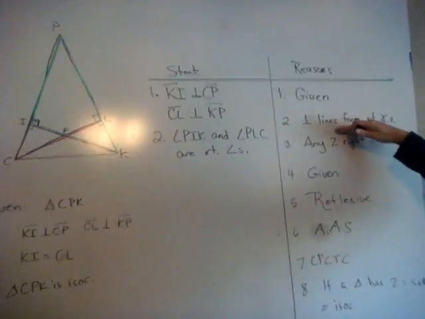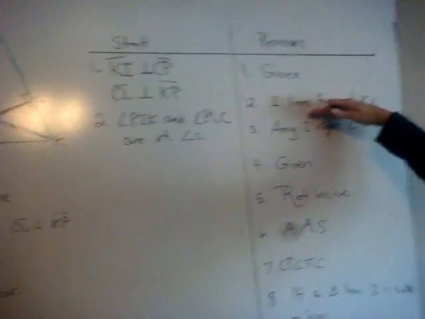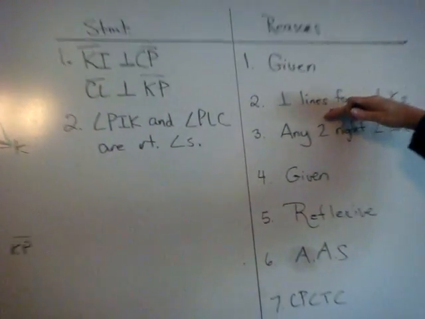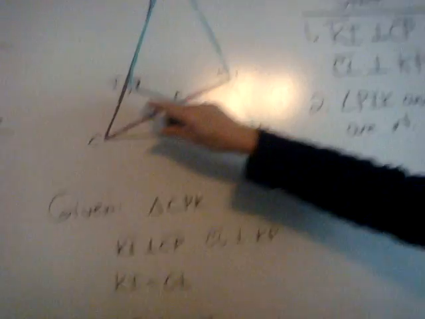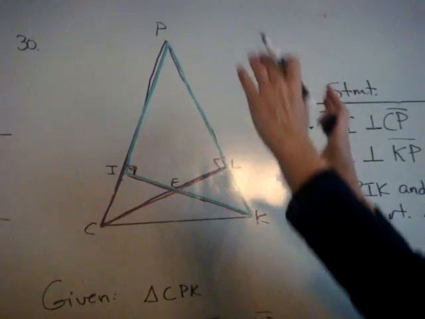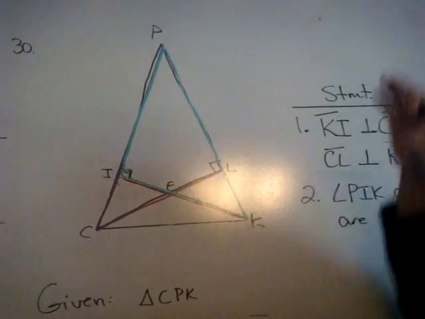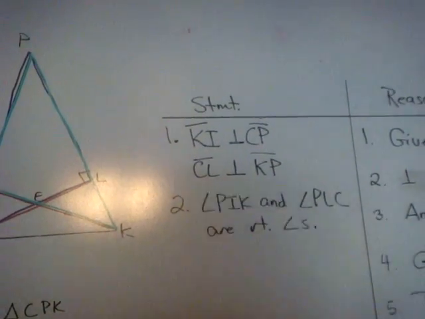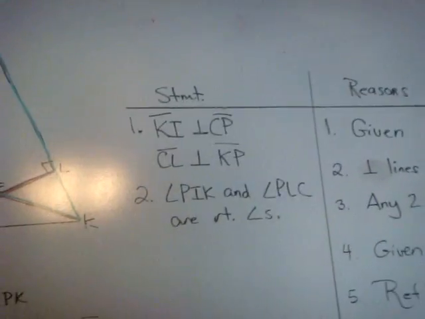And that's because perpendicular lines form right angles. So we have our right angles in our two triangles. If it helps you to separate these two triangles out, to put the green triangle one place, the purple triangle the other place, you can go ahead and do that. I like to do that a lot, but this one's not too bad.